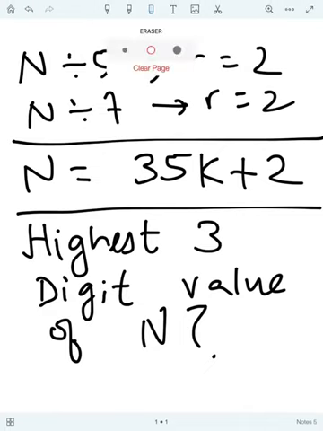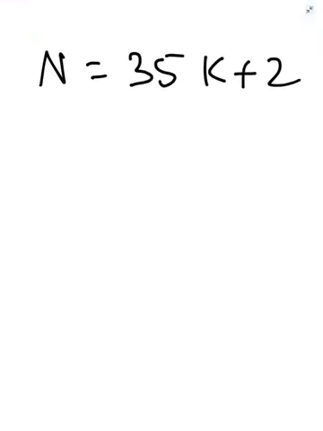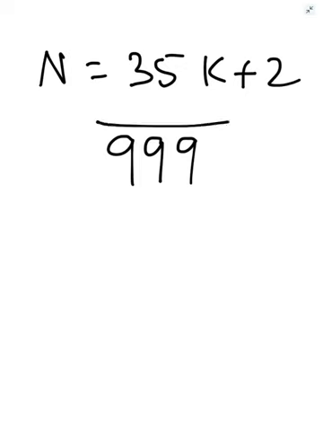So again I will write the equation first, 35k plus 2. So theoretically the highest 3-digit number is 999. But 999 is not of this type, 35k plus 2, you can see. So we'll start with 999, which is highest 3-digit natural number.